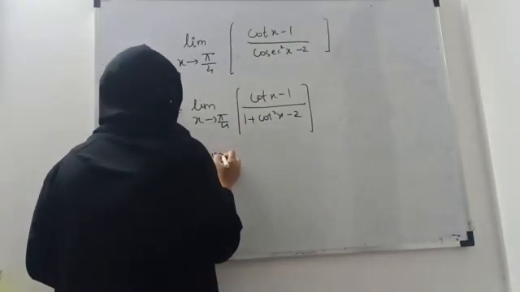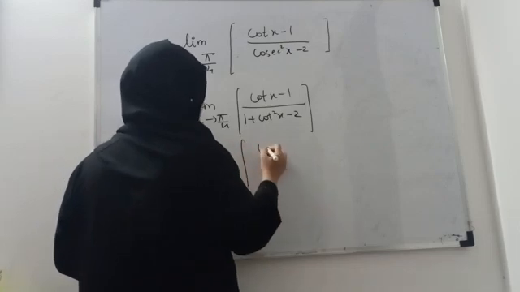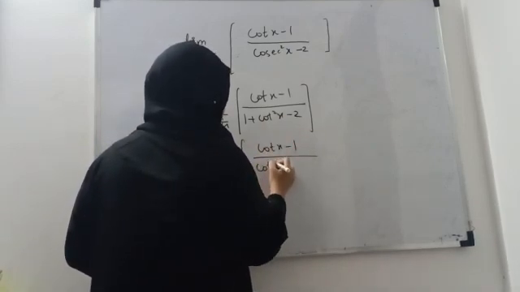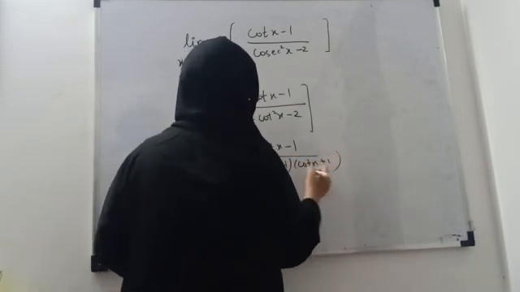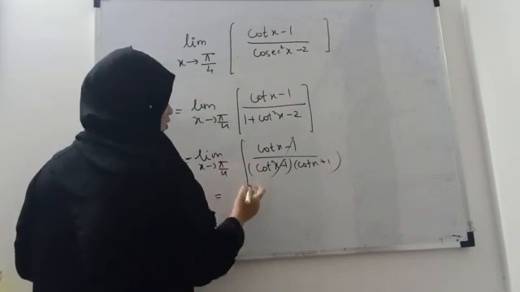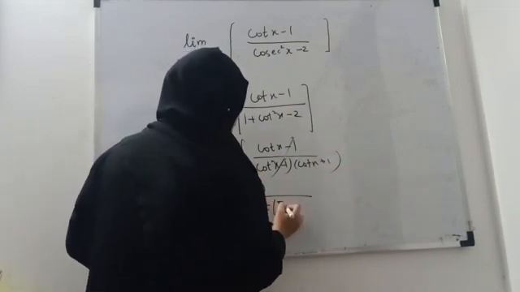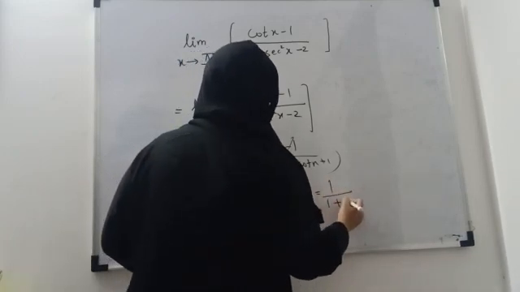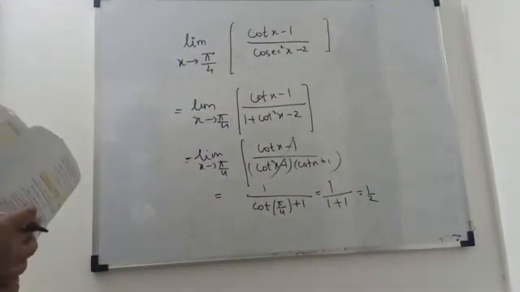So we can write it as cot x minus 1, cot x plus 1. So the minus 1 terms will get cancelled. Now apply the limit. Cot pi upon 4 plus 1. So cot pi upon 4 is 1. 1 plus 1 is 2. So the value of the function is equal to half.